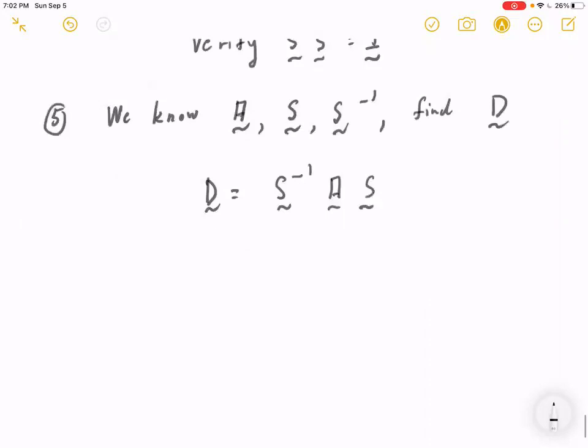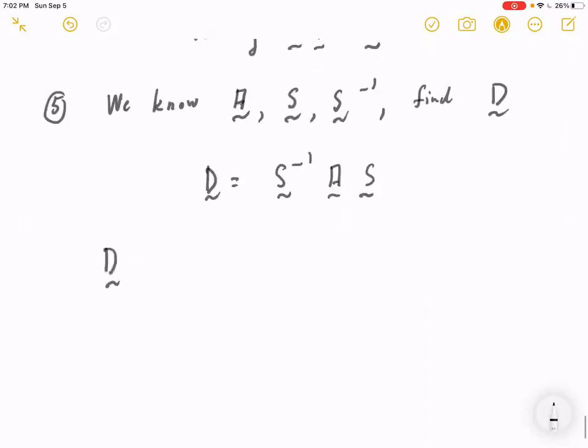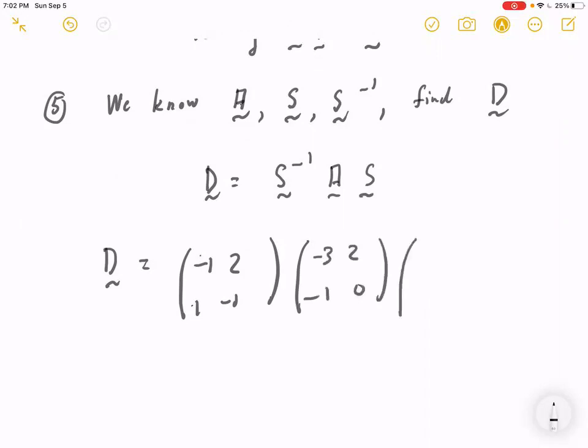So the inverse of S is, in this example here, A in this example is just this matrix, and the S matrix is simply this. So what is this guy?